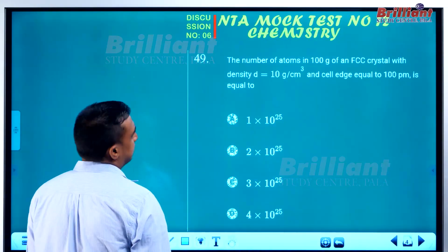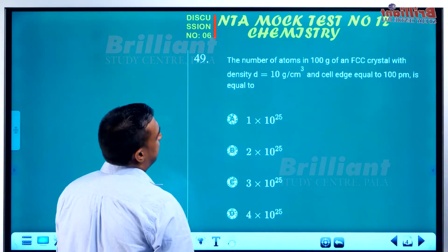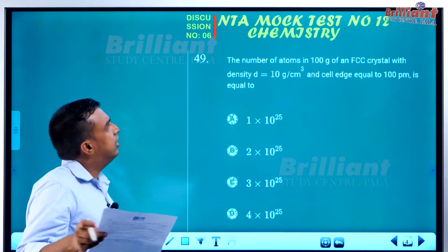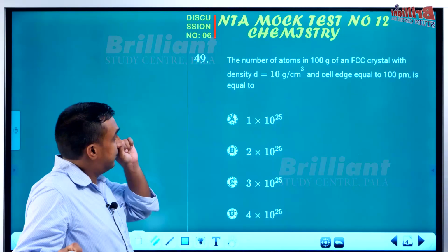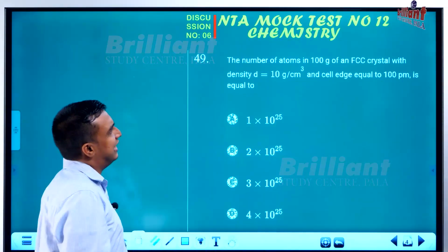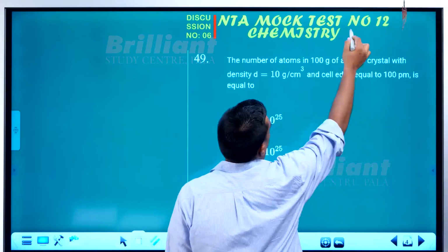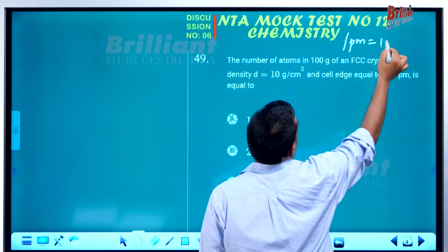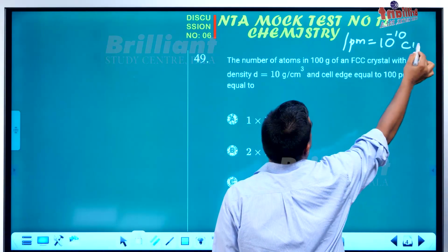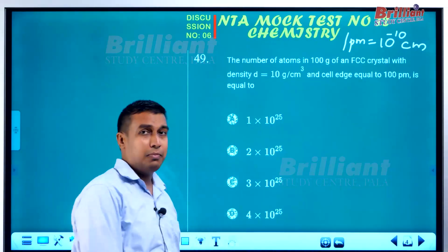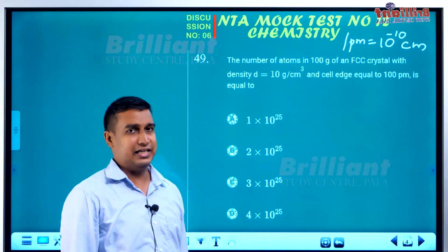The number of atoms in 100 gram of an FCC crystal with a density of 10 gram per centimeter cube and a cell edge equal to 100 picometers is equal to. First thing you have to know is 1 picometer is equal to 10 power minus 10 centimeter. It is 10 power minus 12 meter.